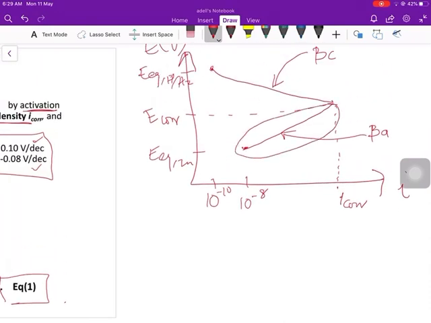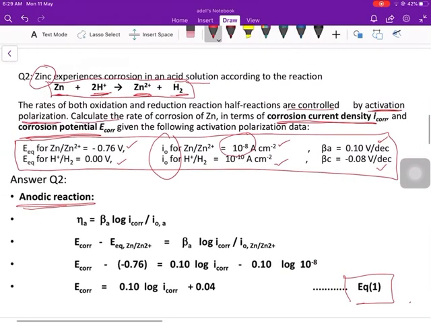Equation 1, you focus on the anodic reaction, this side. So you must use the anodic process, the overpotential of the anodic process. The overpotential equals E corr, where the new E is deducted with E equilibrium, where does it start from?